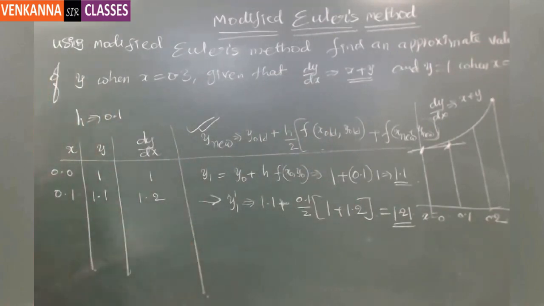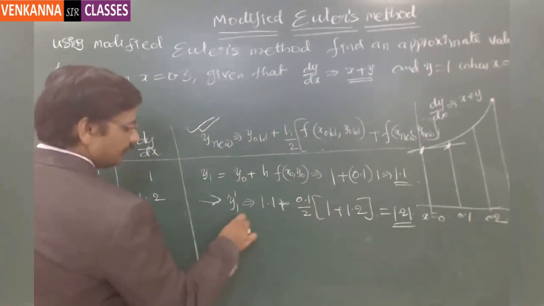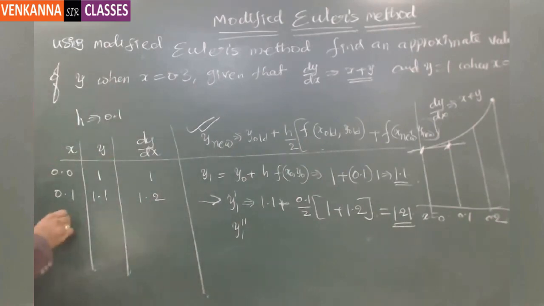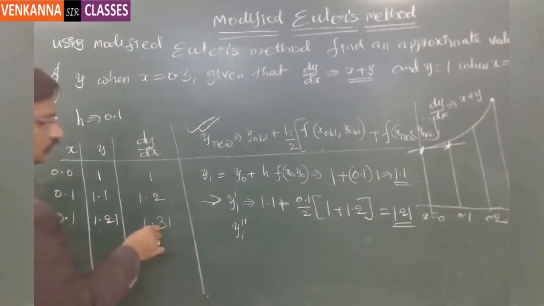So this is the new value of y1. Now if you want to calculate y1 double dash, x is again 0.1 and the y1 value we calculated is 1.21. The sum of these two, 0.1 plus 1.21, is 1.31. So 1.31 is the new slope here.